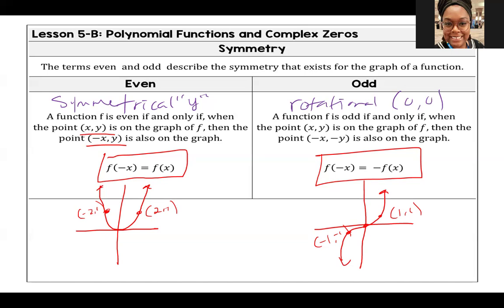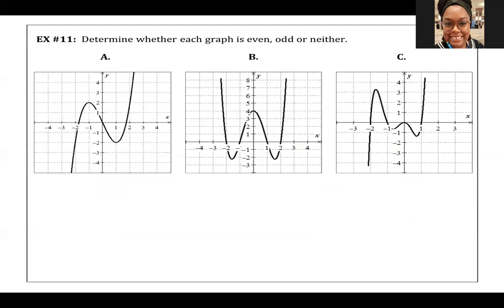All right, so those are your tips on visually recognizing and algebraically. So we're going to first start with visually recognizing, okay? So if we look up here, we have A, B, and C. We're going to identify whether each is even, odd, or neither, okay? So for A, is it even, odd, or neither? It is odd, okay? First thing we want to check is, does it go through the origin? Yes, it goes through the origin, right?